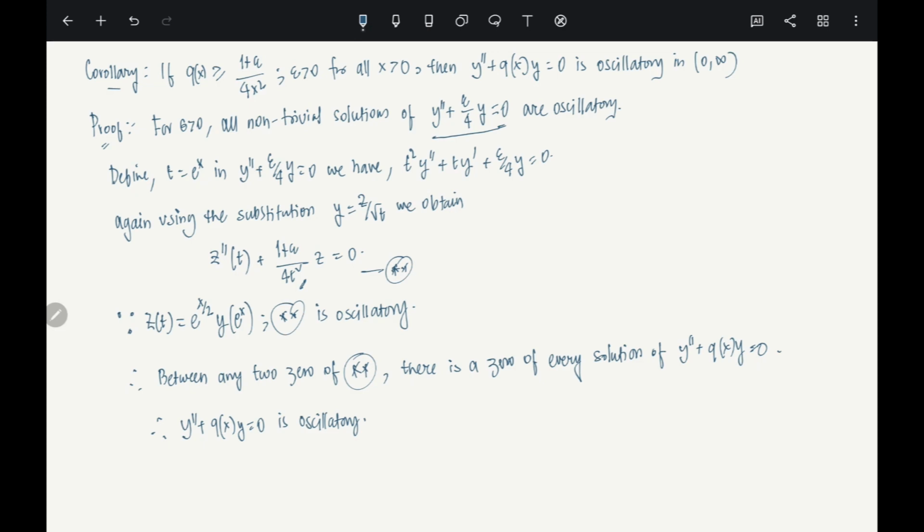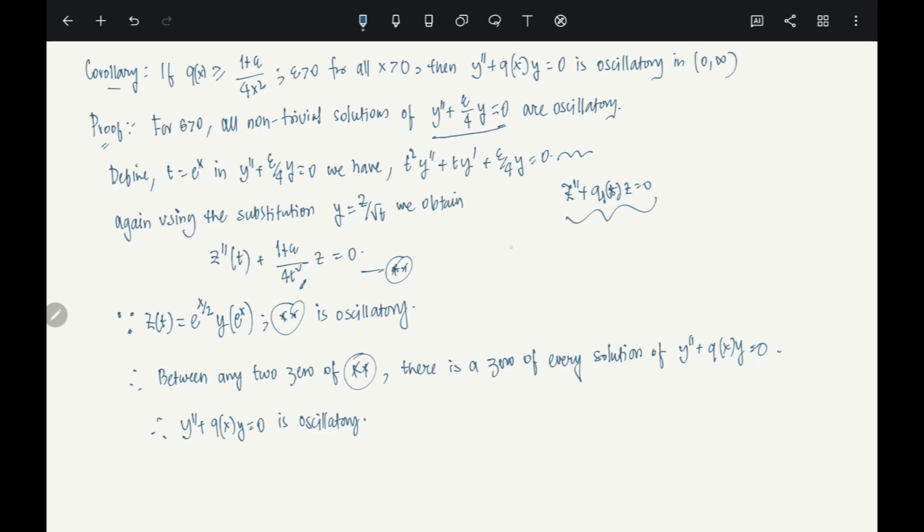Okay, fine. Now what we want to do is to write this problem again in terms of another function, of the form z double prime plus a function, let's say q1 of t, times z equals 0.